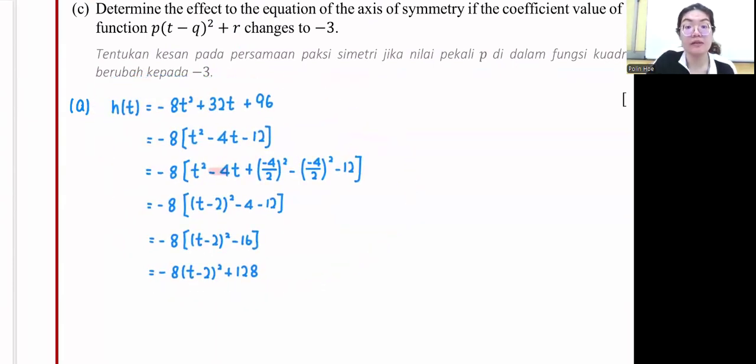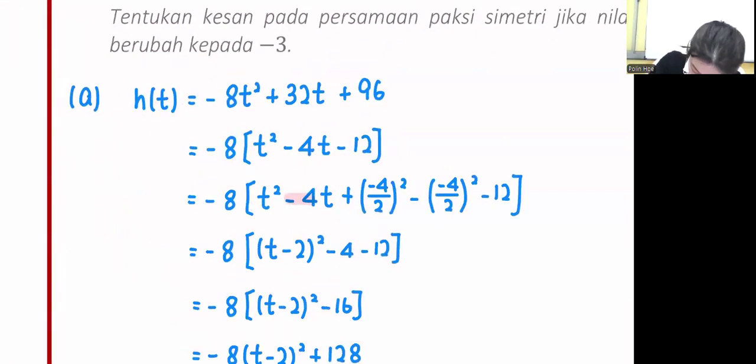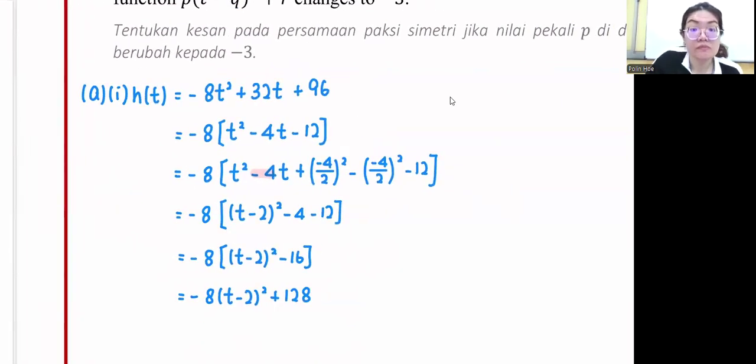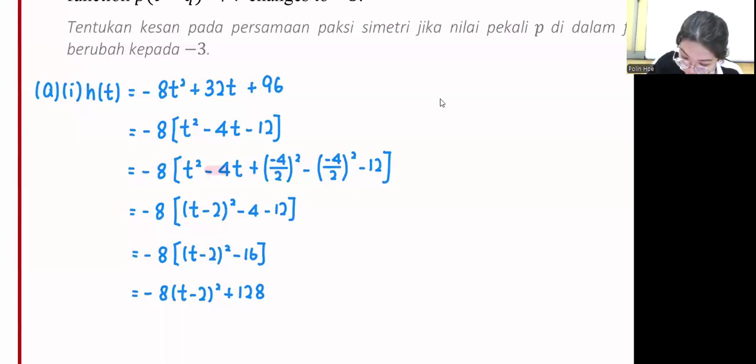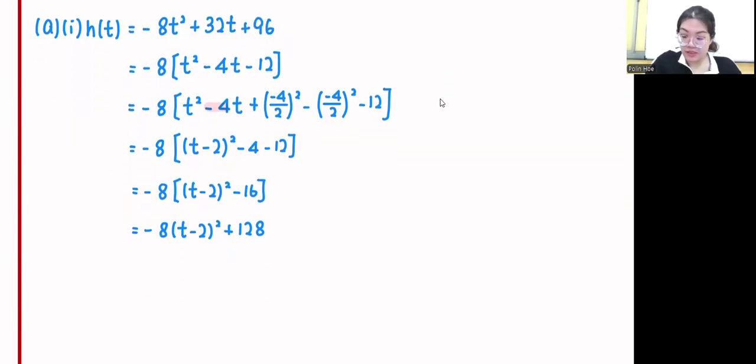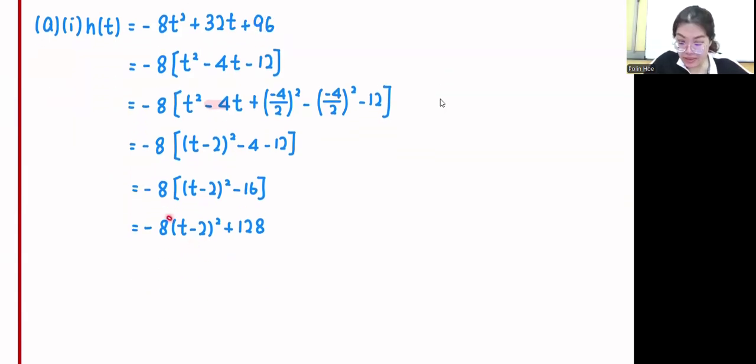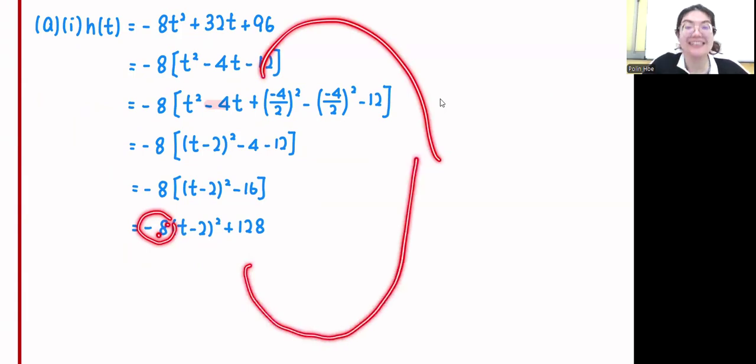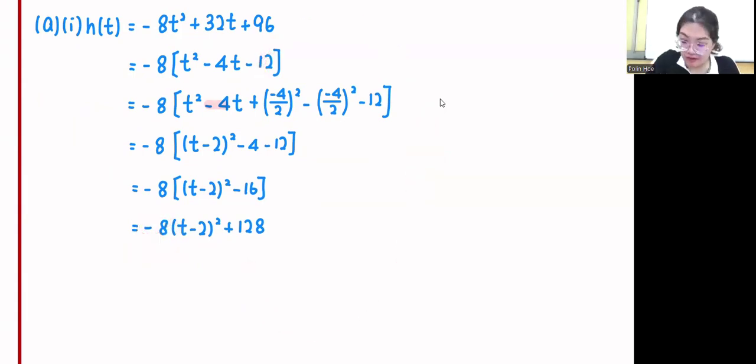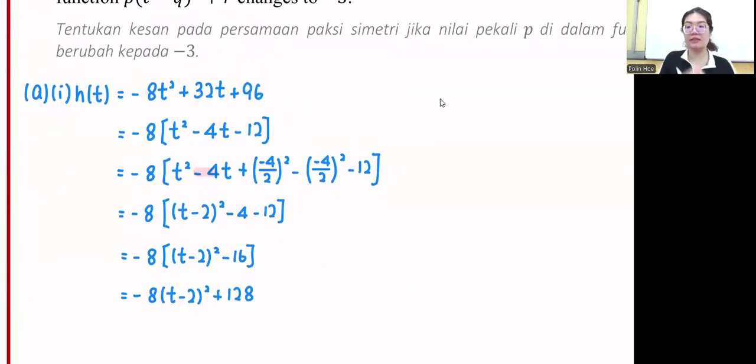Nari, can you find where you went wrong? Okay. Now, A part 2. Hence, sketch your graph. Now, when you are sketching the graph, did they give you h(t)? Oh, they did not give you that. But we know from this that my maximum point is 128. He is going to jump down from 96. At 96 he jumps up to 128 and then goes down, correct?